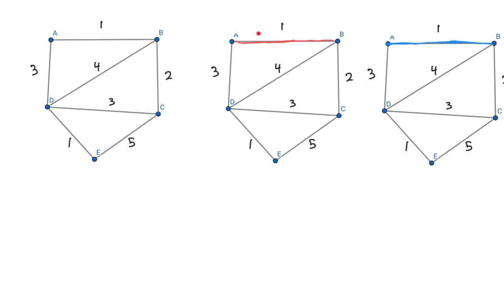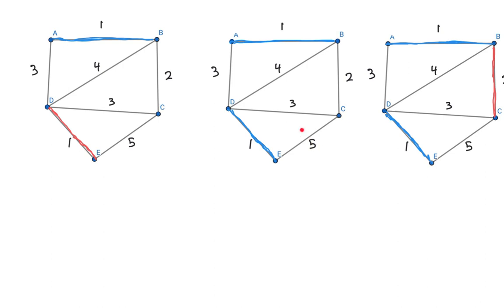And since adding AB to our subgraph, which is currently the empty set, does not create a cycle, we add it. So our first step, we have a forest with 5 vertices and 1 edge. Next, we take the minimum weight edge in what's remaining, and that's going to be the edge DE. We see that if we add DE to our graph, we don't create a cycle, so then we add it.